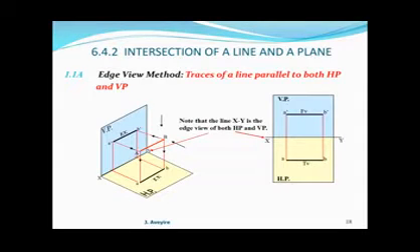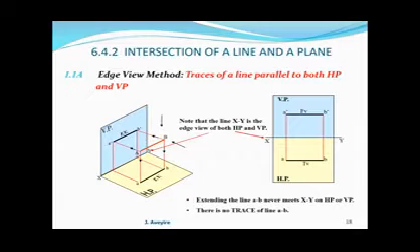Likewise, if we are interested in the top view TV and we look from above, then the vertical plane will become a line, an edge view, and correspond to XY. Therefore, XY respectively represents the edge view of HP or VP accordingly. Extending the line, let's look at the figure on the right side. If we extend the line AB in both directions, it will never cross XY.